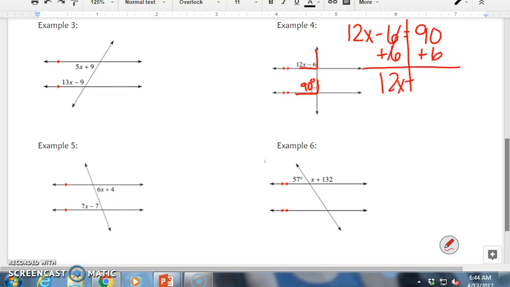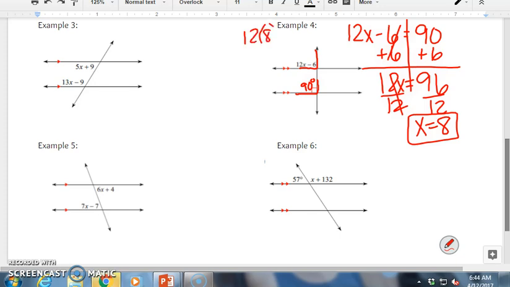We get 12x equals 96. 96 divided by 12. So x is going to equal 8. And then we have to plug it in. 12 times 8 minus 6. 96 minus 6 equals 90 degrees.